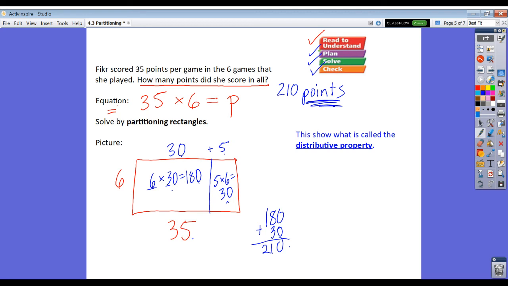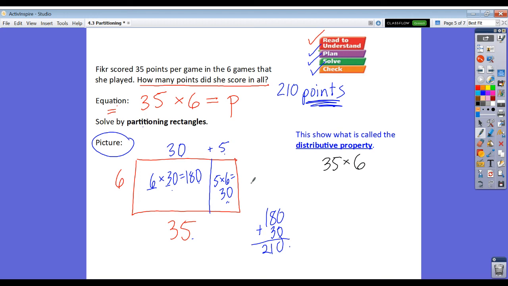So this is what you'll be practicing today, the partitioning rectangle strategy, being able to draw a visual. As a little bonus, because I think math is so cool, I want to show you some other math notation that you'll see as you get older, and that shows this partitioning rectangle strategy in just a little bit different way.